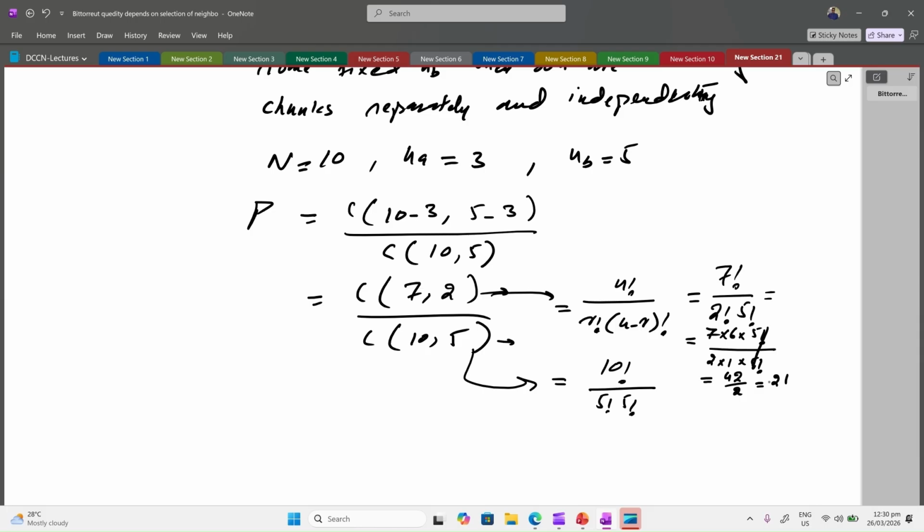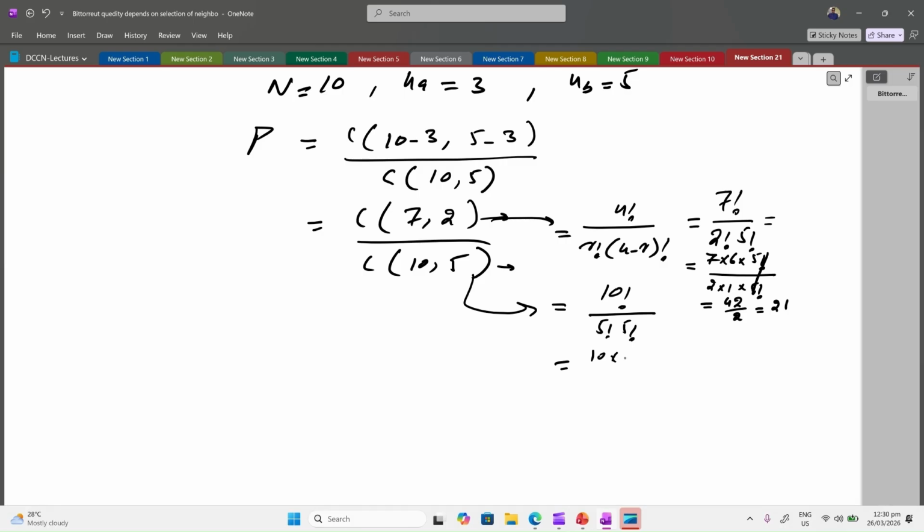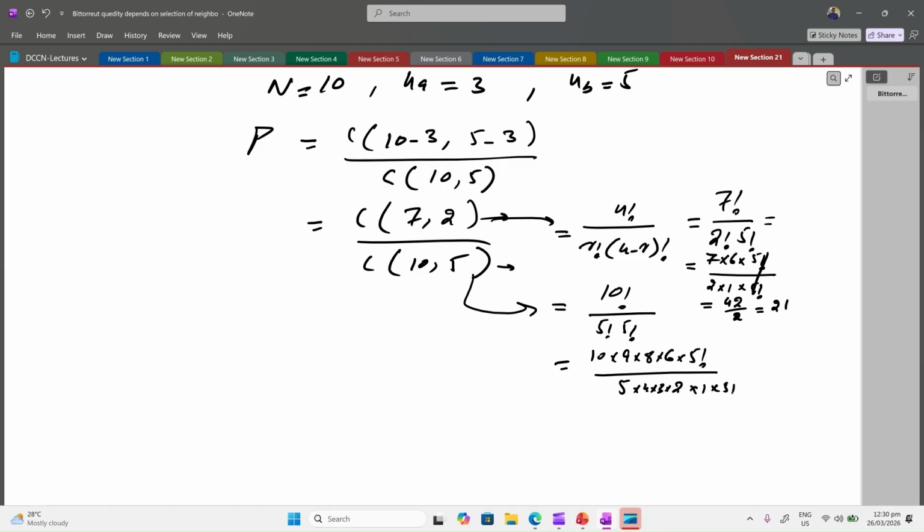And if I similarly try to solve this, so this is 10 into 9 into 8 into 6 into 5 factorial. And then we have 5 into 4 into 3 into 2 into 1 into 5 factorial.